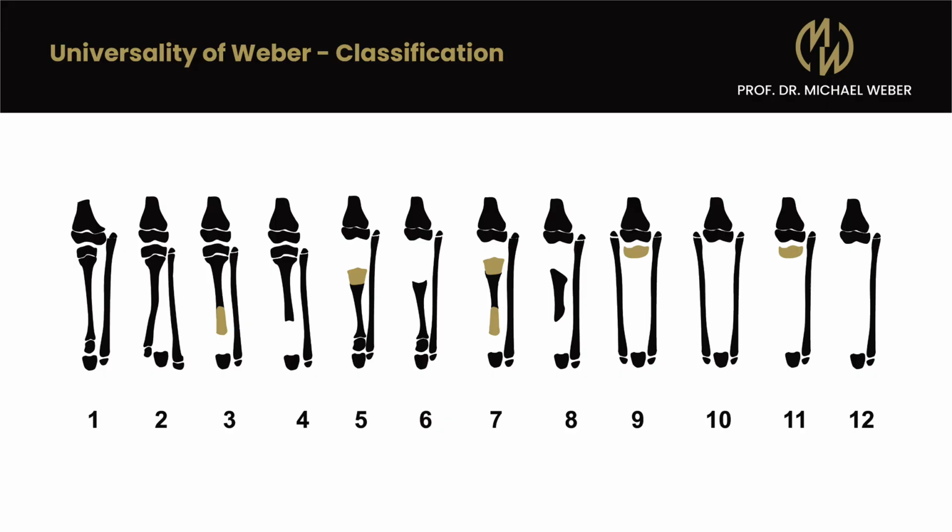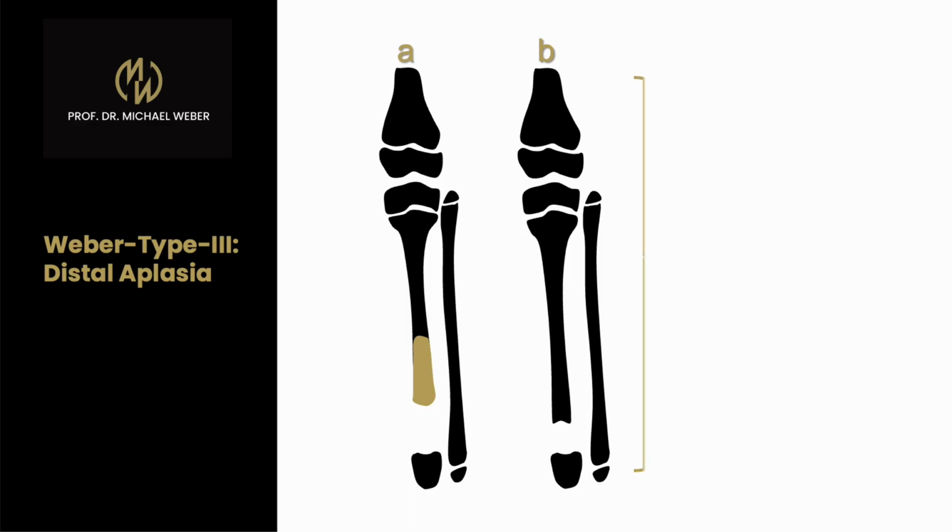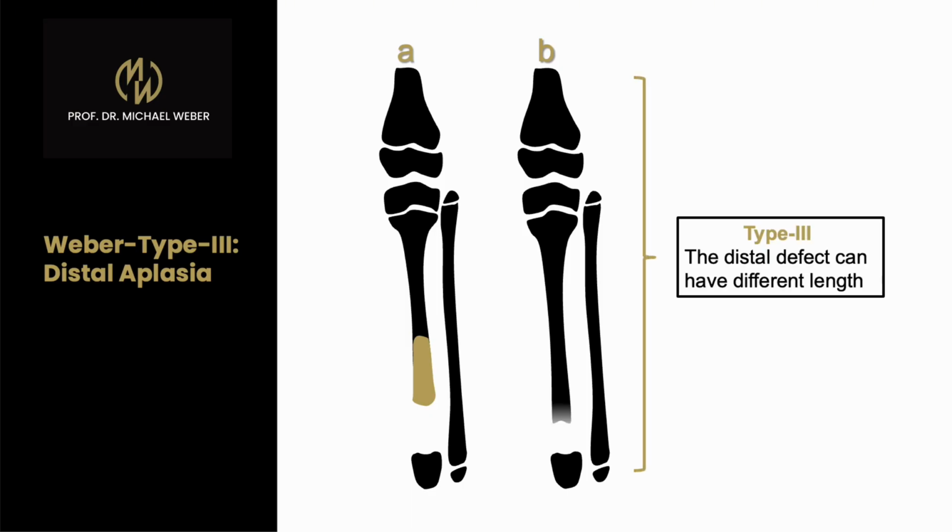There's a universality also of my classification. What does this mean? It means, when we show it as an example on type 3, that the distal defect, the distal aplasia of the tibia, can be in different lengths. It can be a long tibia, can be a short tibia.